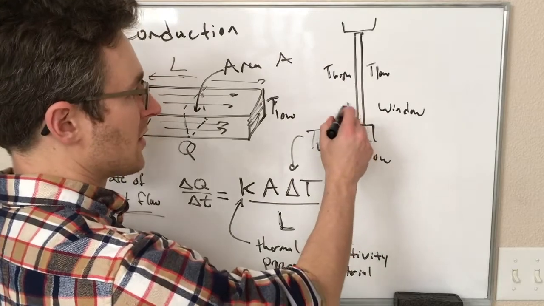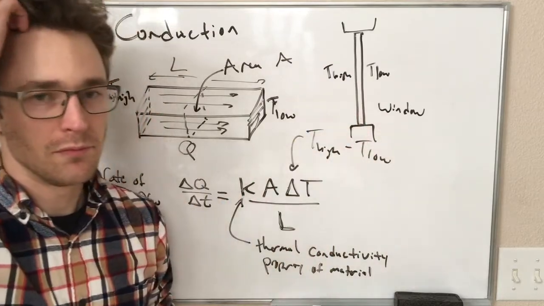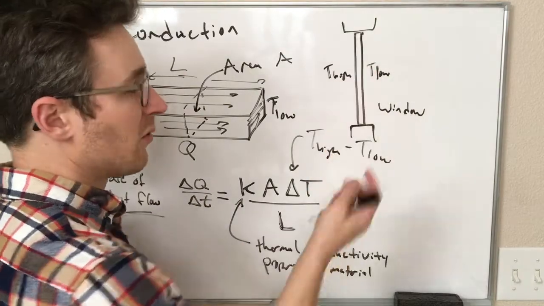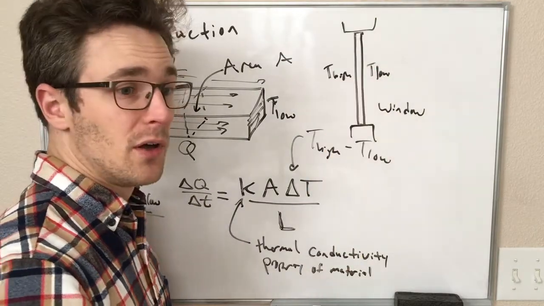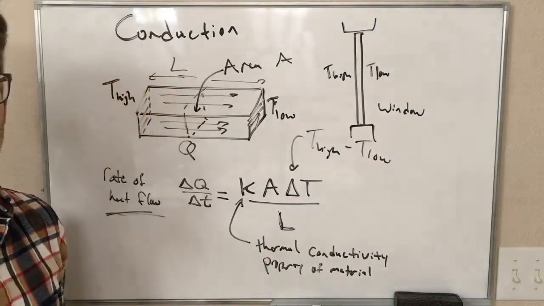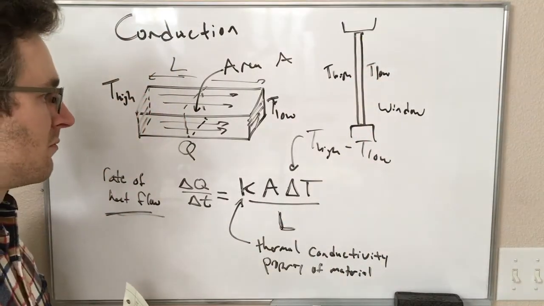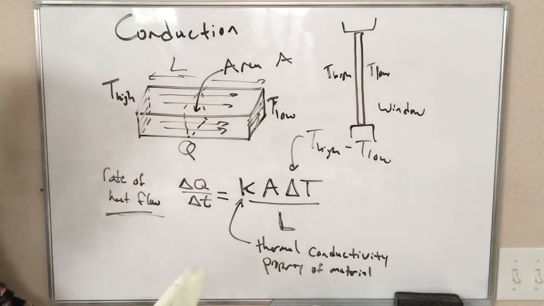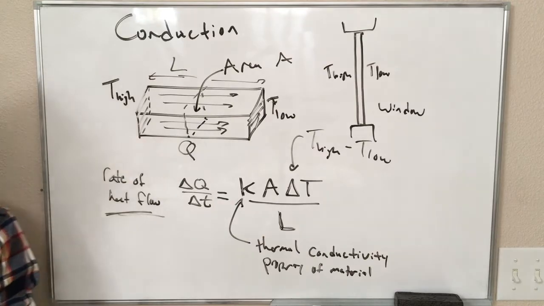They'll have water condensing on the inside of your windows because the glass is so much colder than the inside of the house, because so much heat is flowing out through it. Anyway, there are lots of interesting things we can apply this equation to, but that's just what I wanted to poke at with this.